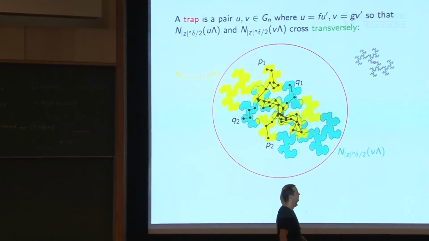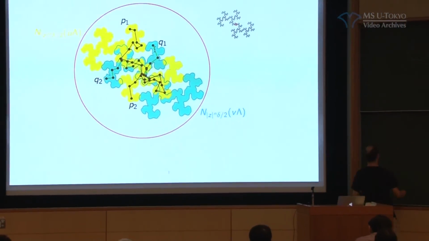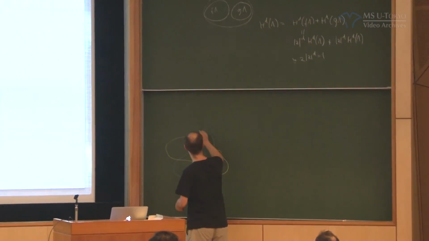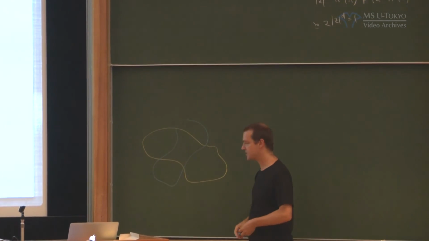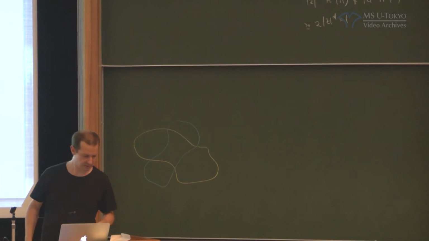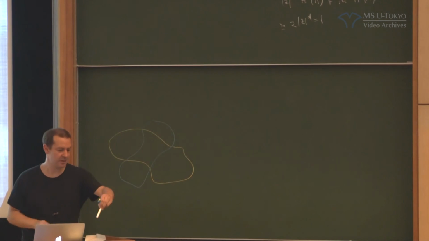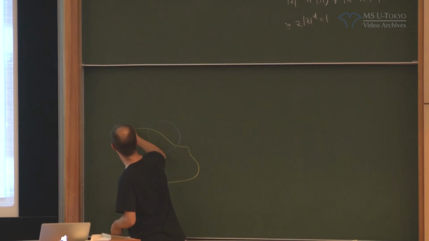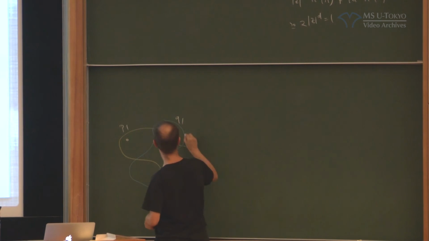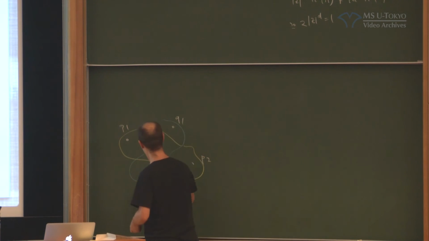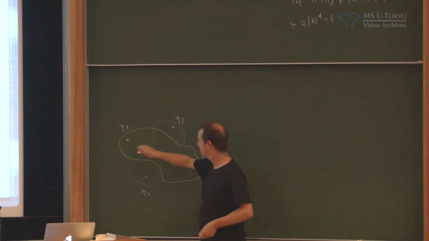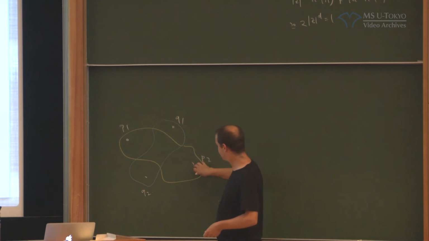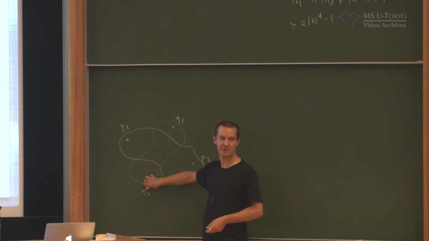It means if I take their union, I can find 4 points in the correct symmetric order, P1, Q1, P2, Q2, which are in the first set but not the second, and the second set but not the first.